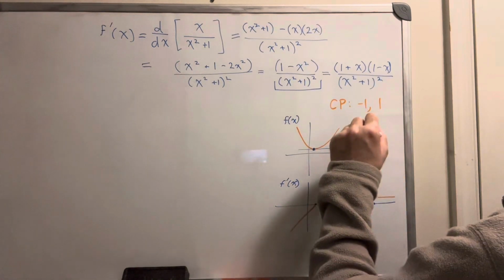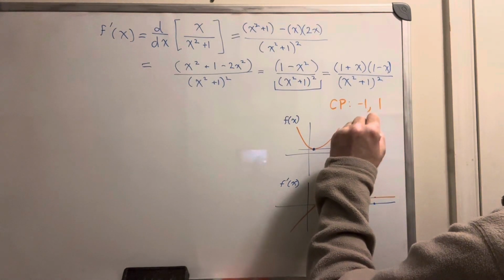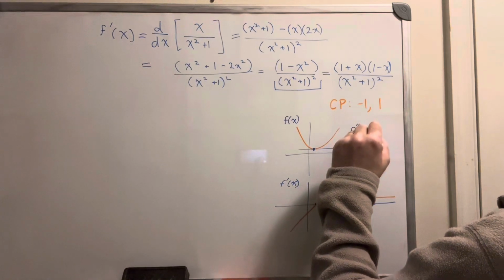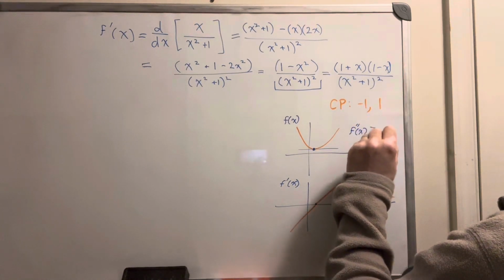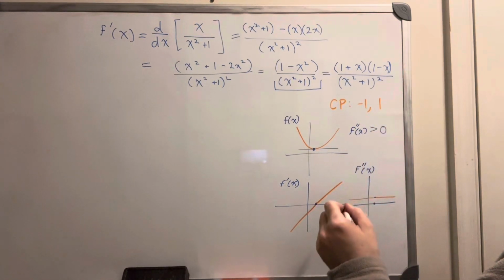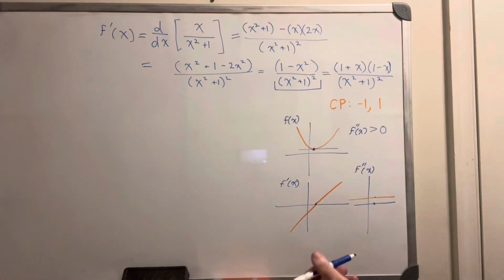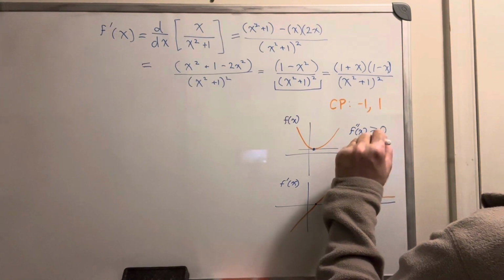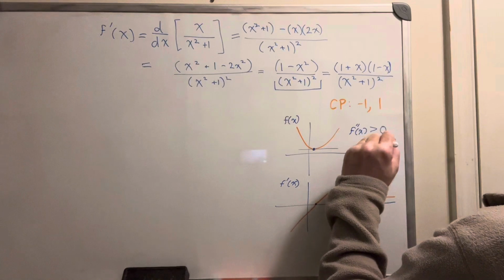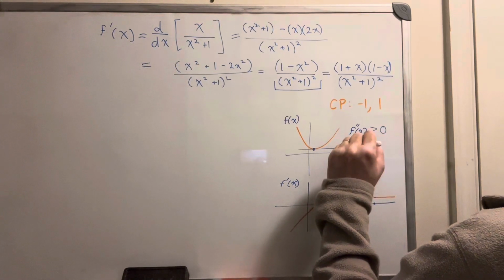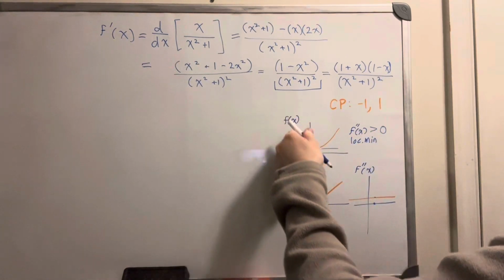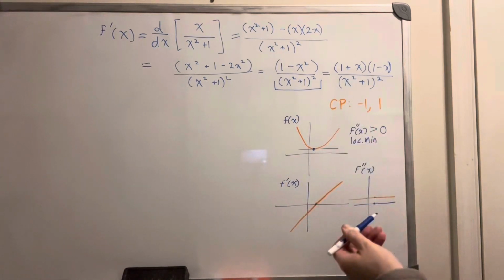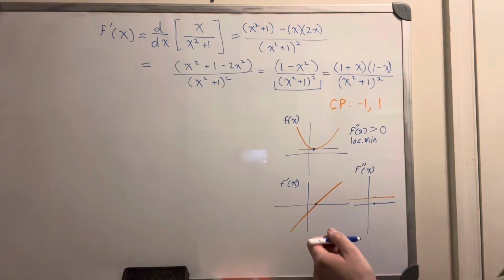And so if the second derivative is positive at some value x, that ends up meaning, and it can be proven, that it's a local minimum, because the tangent is in the process of increasing.